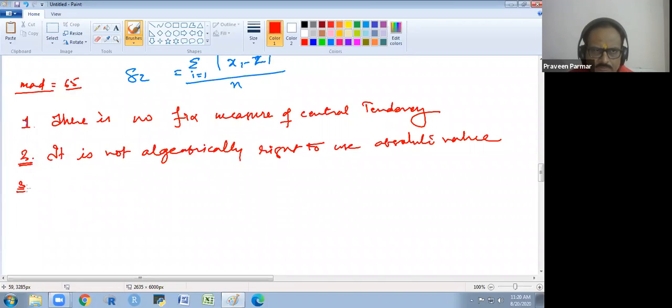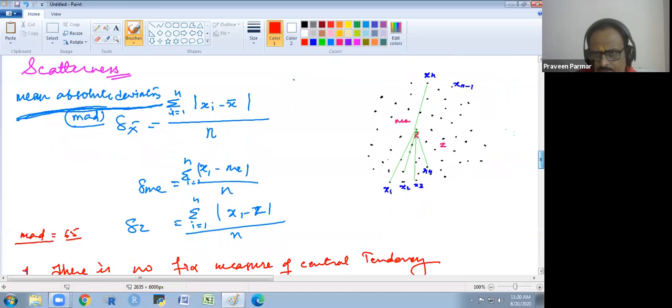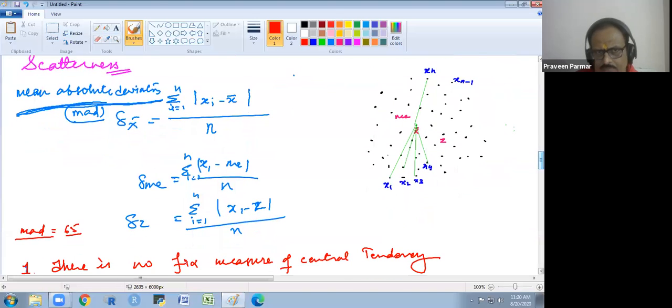Third one, it is unidirectional. What I would like to explain: you see here, whatever value you get through this, you will always get a positive.